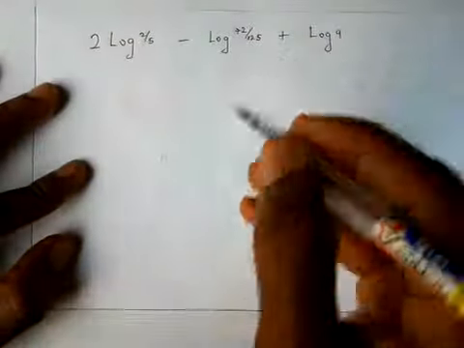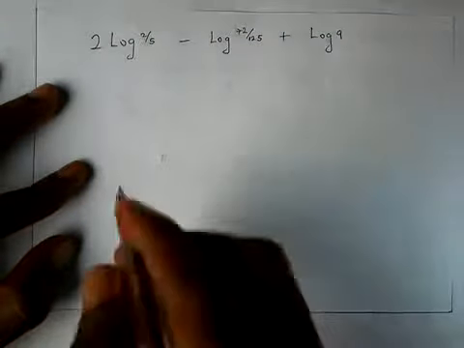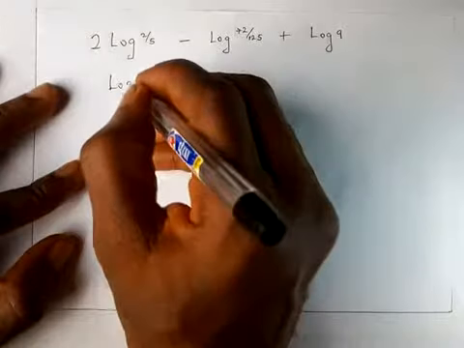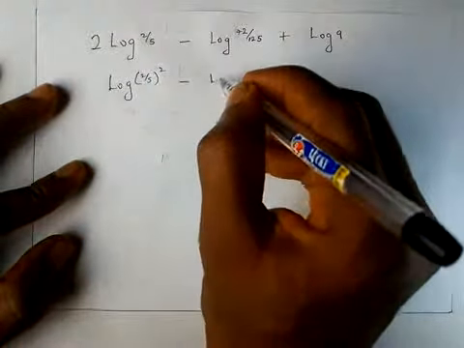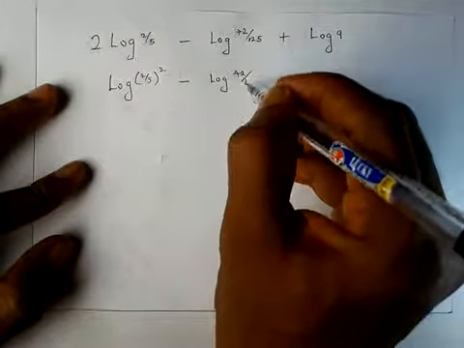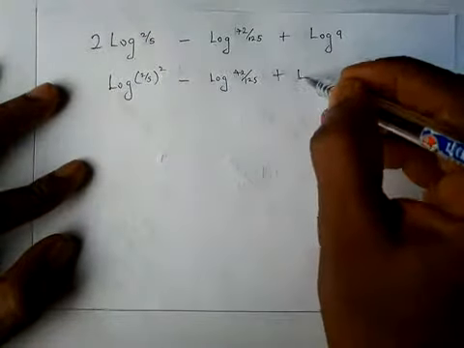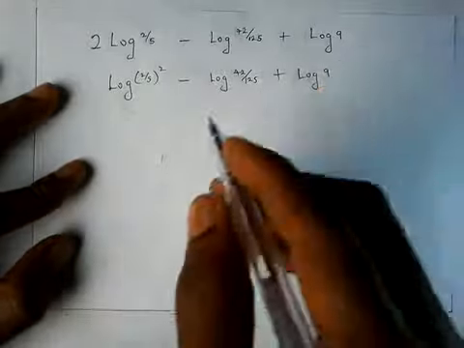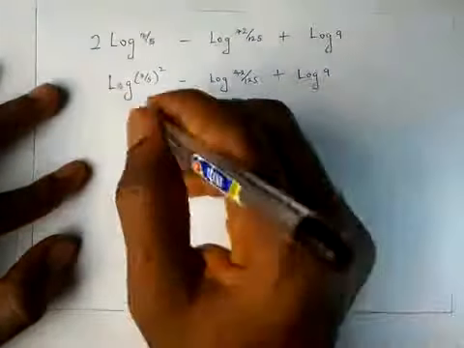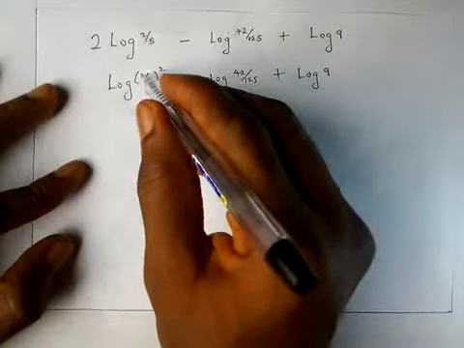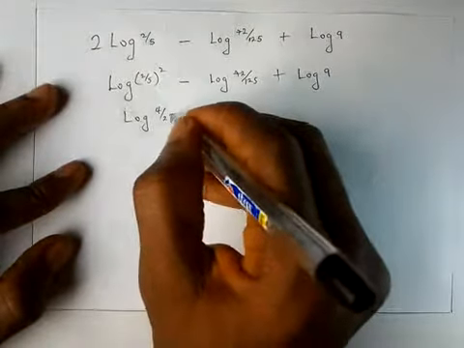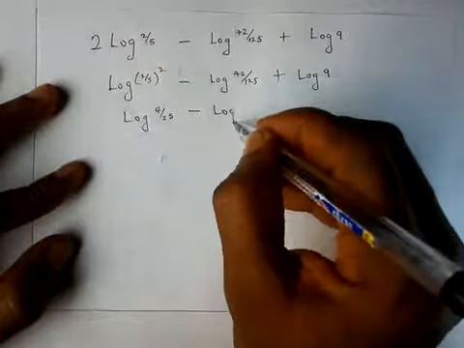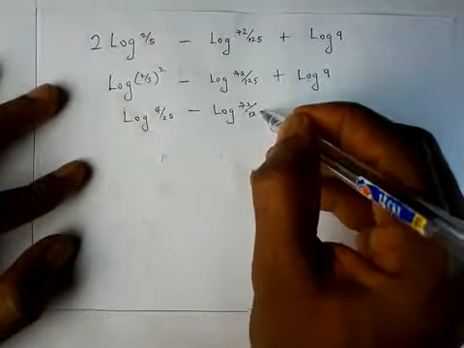So there is no base, which means it's in base 10. So this is log of 2 over 5 raised to power 2 minus log 72 over 125 plus log 9, and this is 4 over 25.